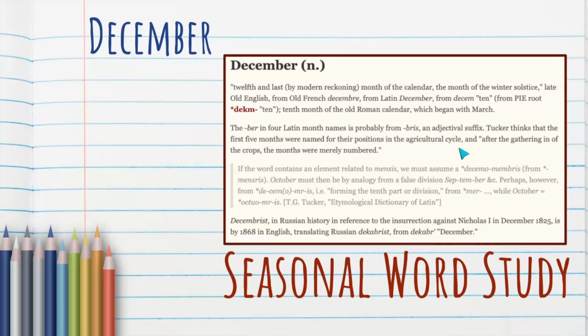And once the crops were in, we just numbered them. That's just funny. These months here were important in the Roman calendar because food was made. After that, you just get a number.